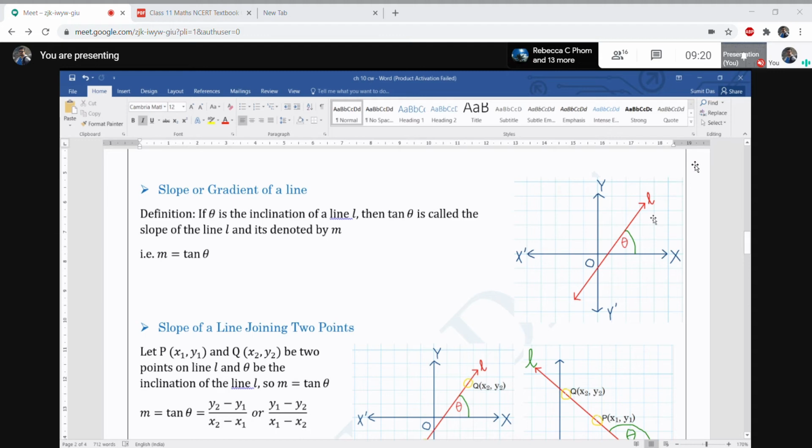Any line can make an inclination with the x-axis, and the tangent of that is called the slope, denoted by M.